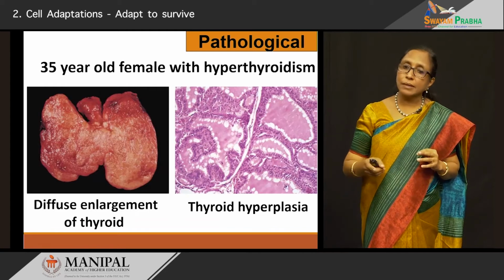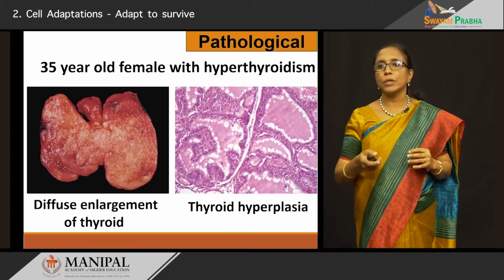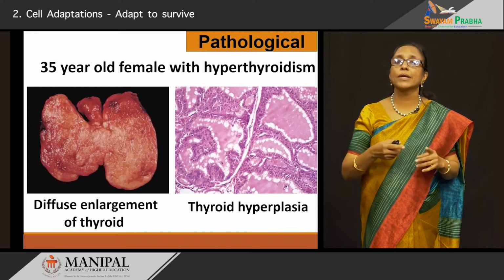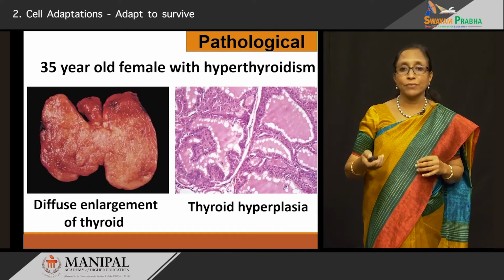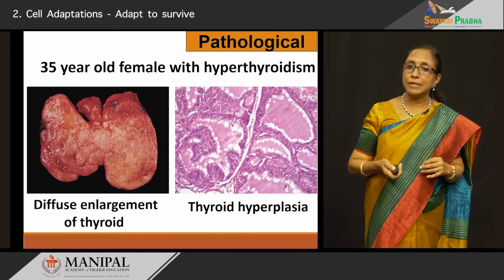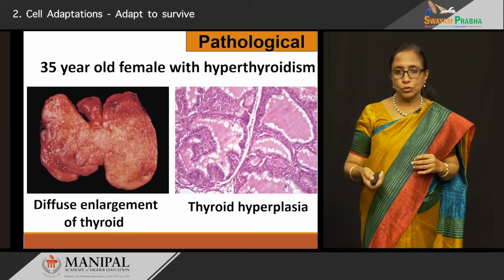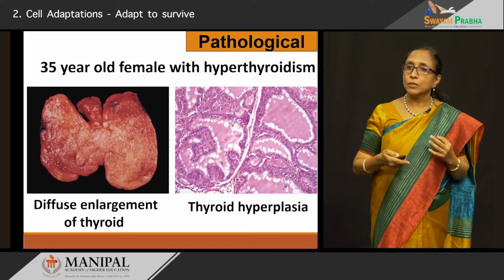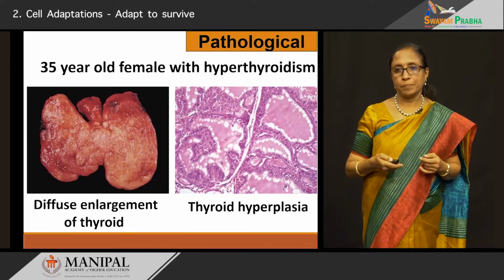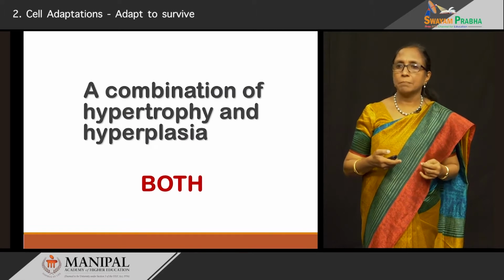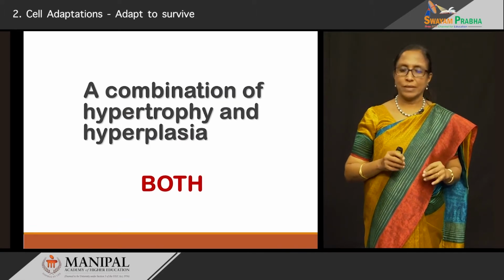But when we look at the microscopy, when we look at the epithelium, we see that the thyroid glands, the follicular lining cells of the thyroid, are proliferated too. There is hyperplasia of the thyroid tissue. So, this again is one pathological condition where we can get hyperplasia. There are many examples, but just to give one or two examples.